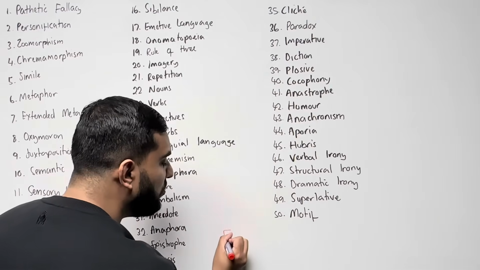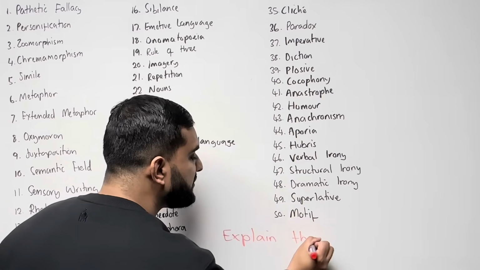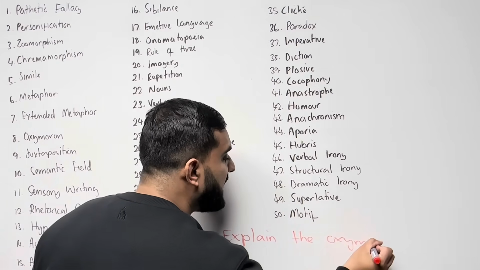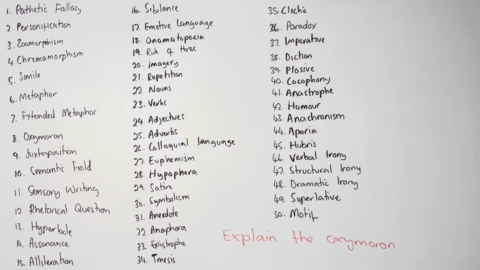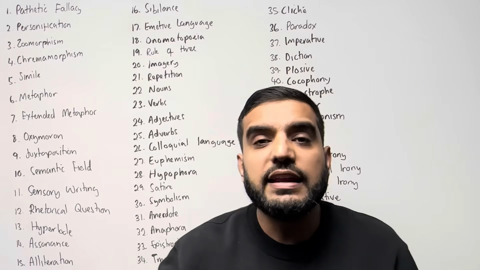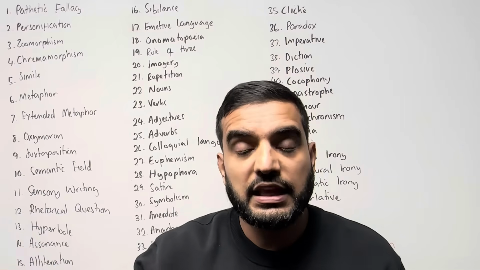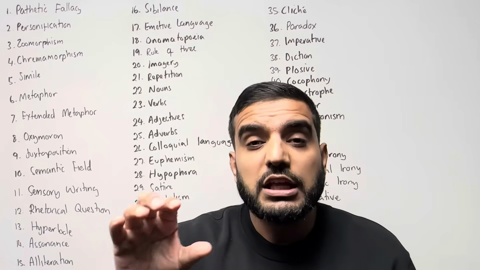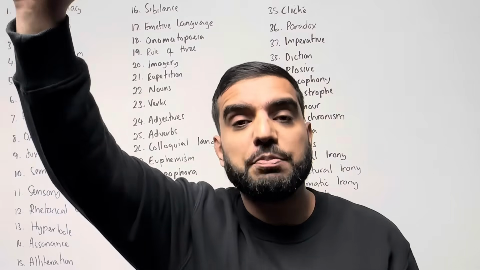How do you create juxtaposition? Easy peasy, guys. Always remember, the easy way to explain juxtaposition is explain the oxymoron. And you want to make it last for about 3-4 lines. So for example, if I said, in Tesco's, I saw a small giant. That's my oxymoron. The small giant was tiptoeing, trying to reach the top shelf.